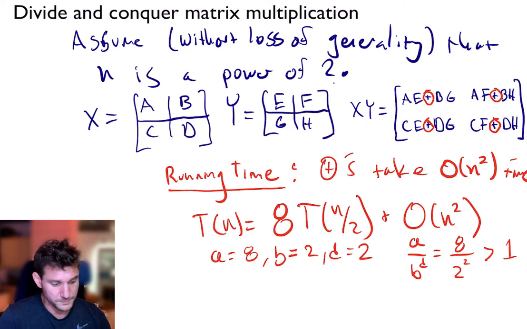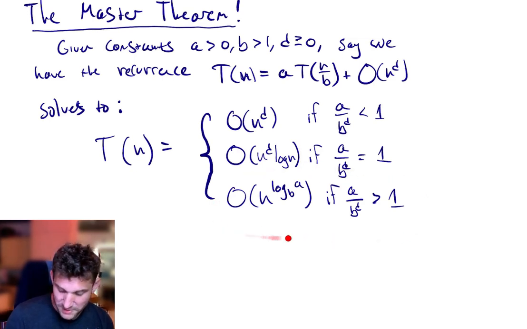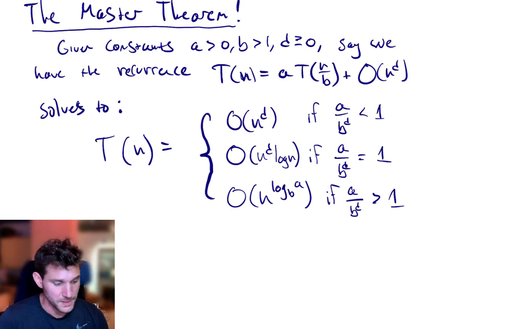Okay, just to remind everyone, this was the master theorem. This is the case that we are interested in, this third case right here. We had to check a over b to the d. That was strictly larger than 1, in which case we're going to get a running time of O of n to the log base b of a. So let's go back and look at what that ends up meaning.